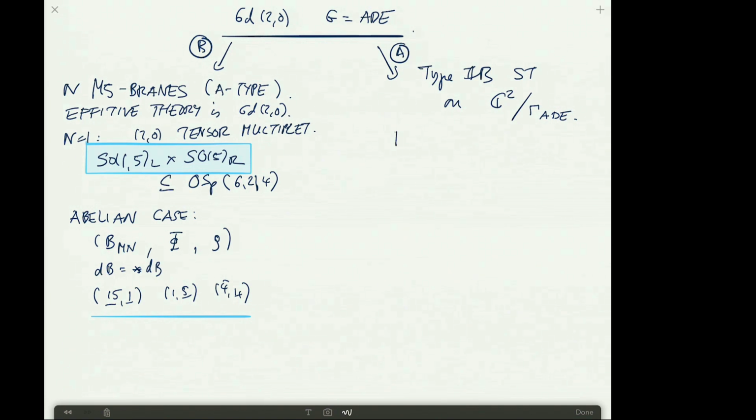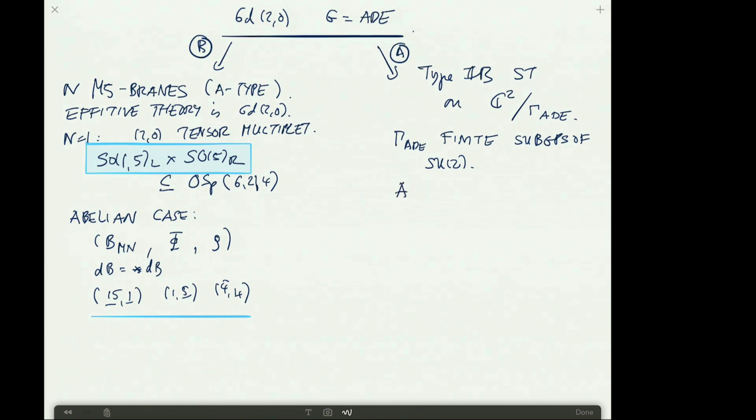These are finite subgroups of SU(2), and SU(2) rotates C^2.